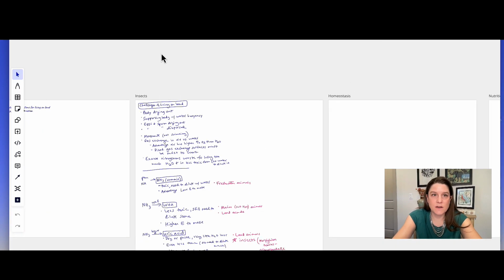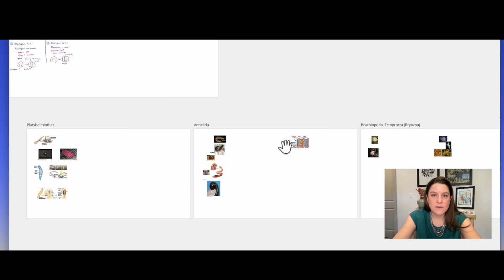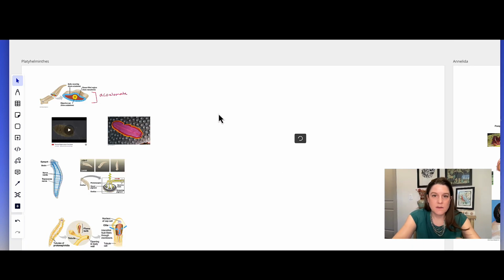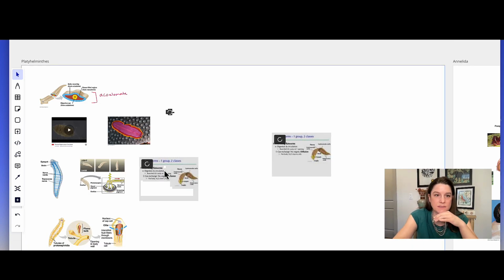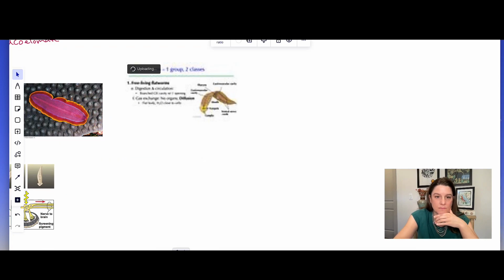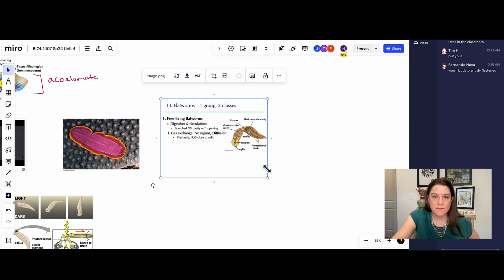So I'm just sticking on the Platyhelminthes board a little picture of its gastrovascular situation. Okay, so I've just popped a little new picture in there.